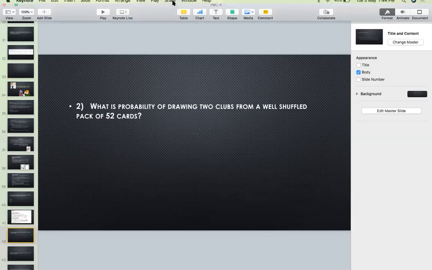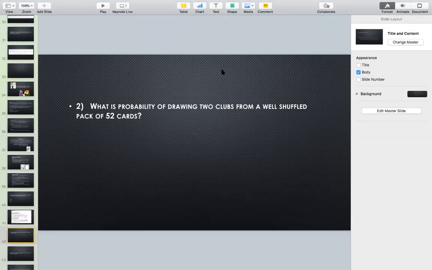I am drawing 2 cards from 52 cards, so the total number of ways of withdrawing 2 cards from 52 cards is 52C2. That will come in the denominator.